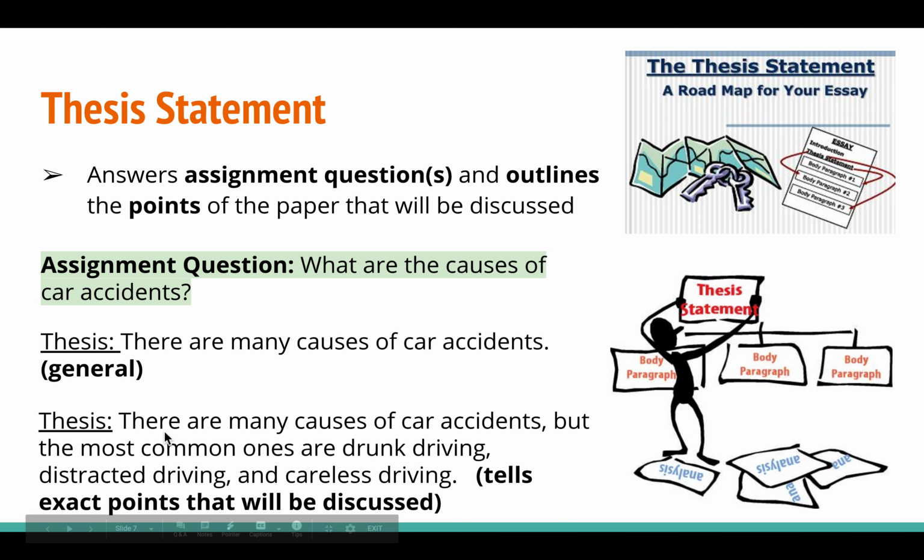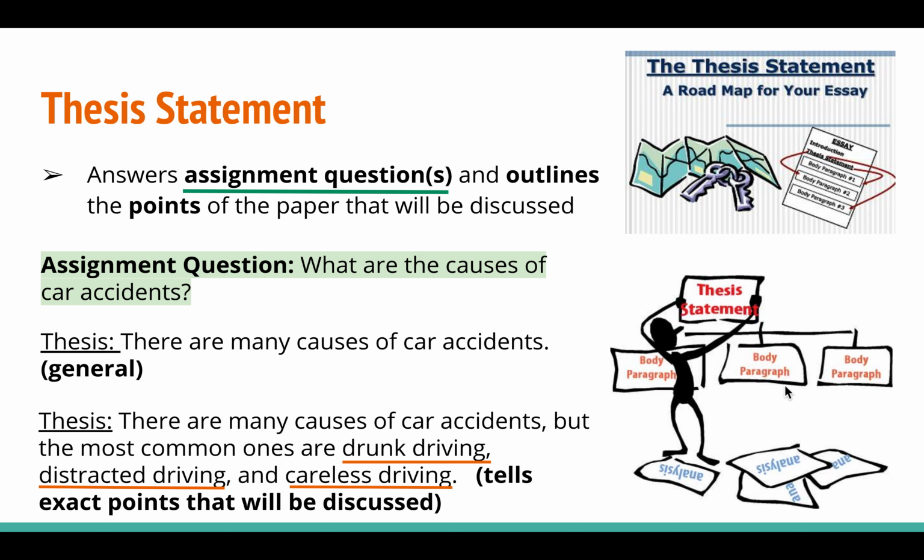There are many causes of car accidents, but the most common ones are drunk driving, distracted driving, and careless driving. So I've underlined these 3 points because these are what my body paragraphs will talk about. Body number 1 will talk about how drunk driving causes car accidents.